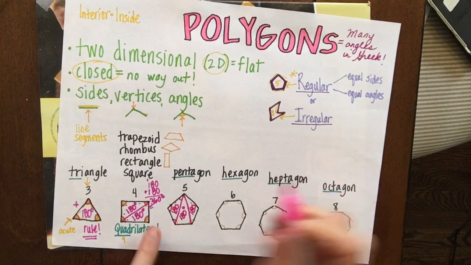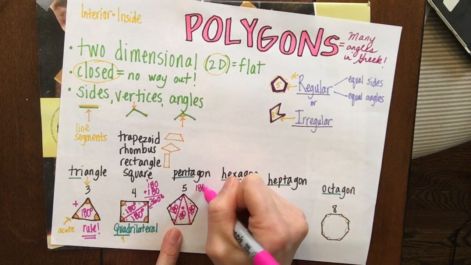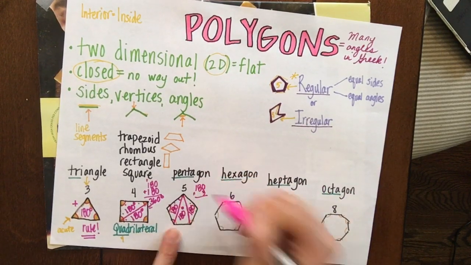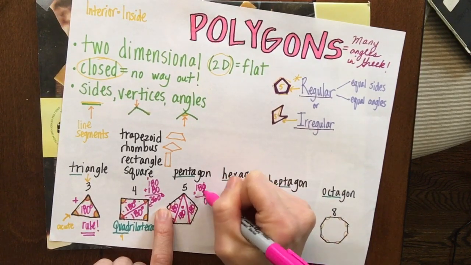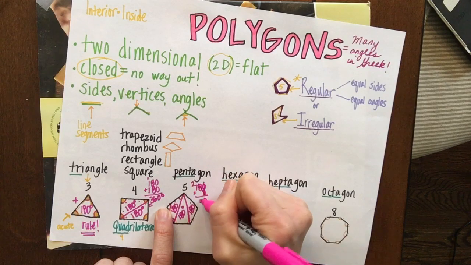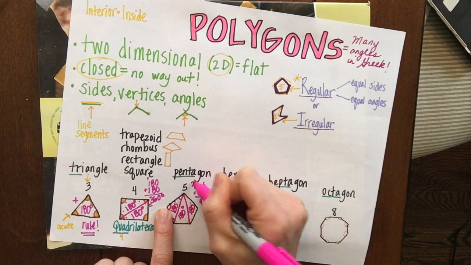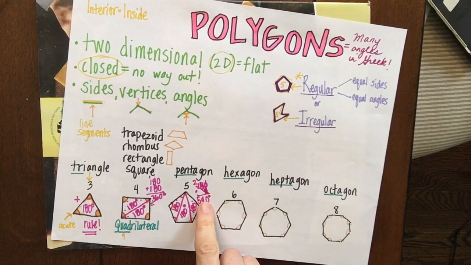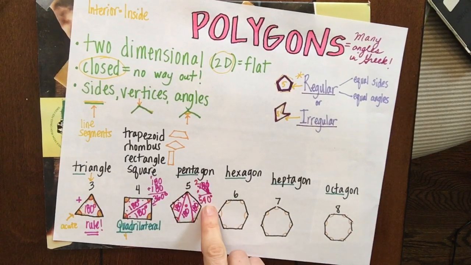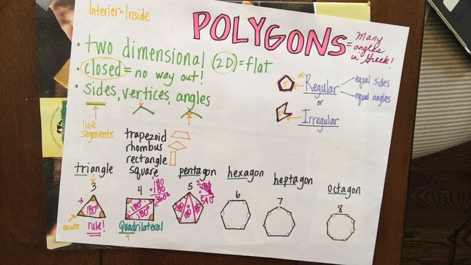So if I do 180 times 3, because there's 3 of them: 3 times 0 is 0, 3 times 8 is 24, 3 times 1 is 3, 4, 5. I can find out that a pentagon's inside angles add up to be 540 degrees.